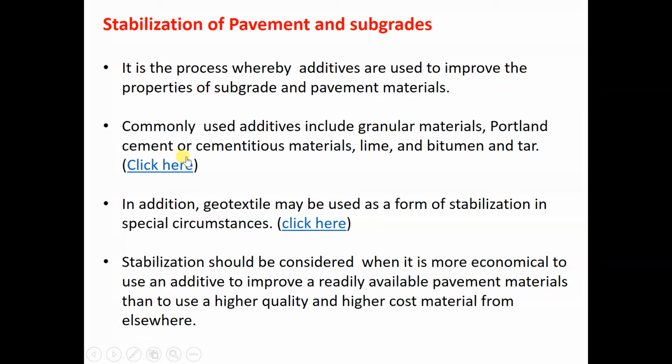Portland cement or cementitious materials. These two are slightly different. The cement is one of the cementitious materials. Another cementitious material is fly ash. Okay, and the next one is lime, and bitumen and tar.